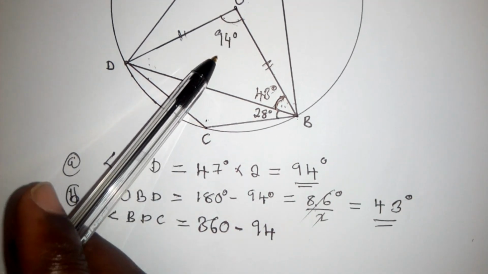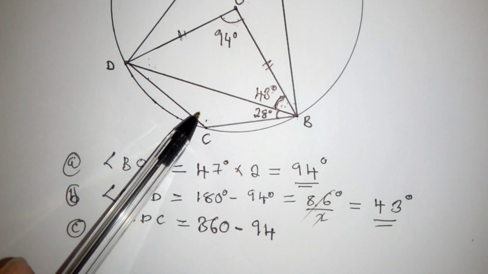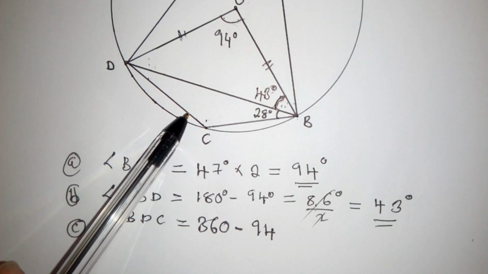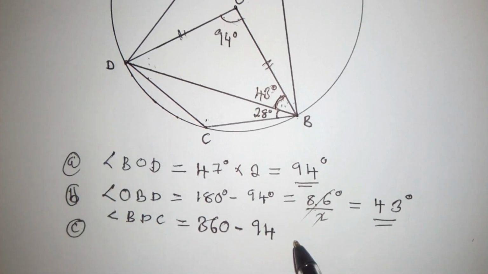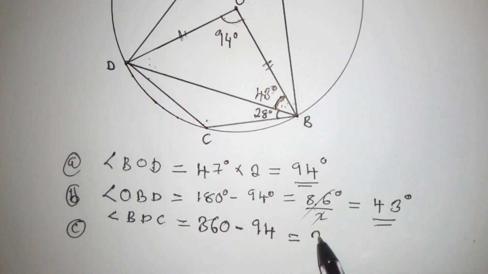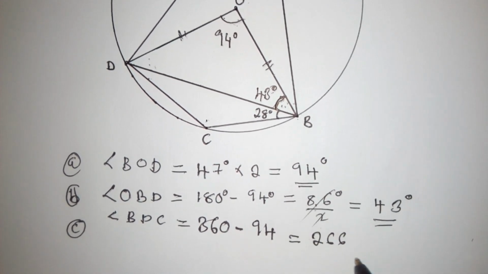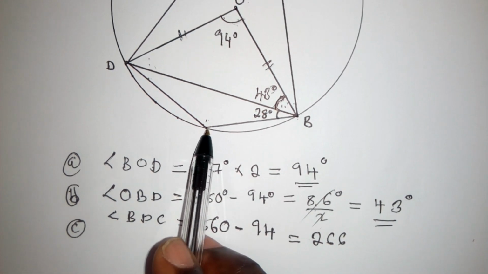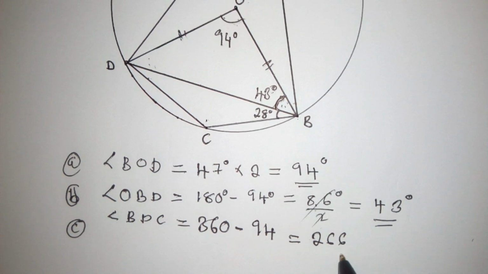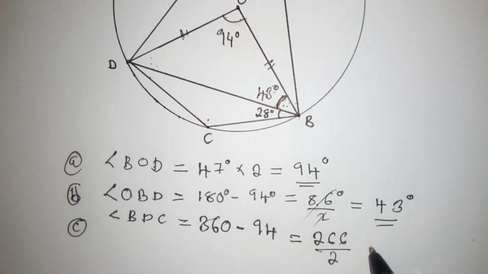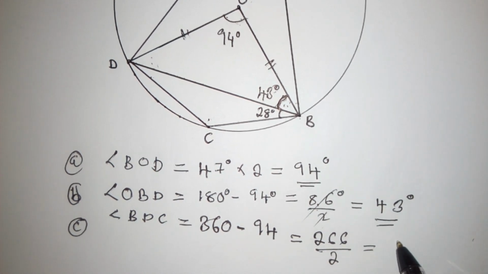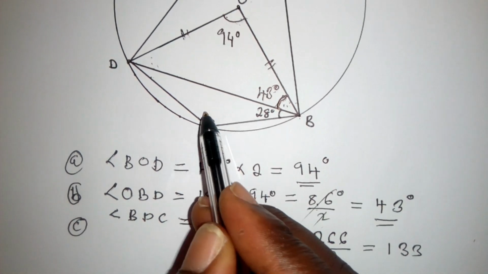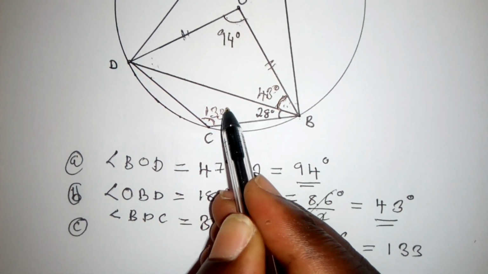We want to find this one, so 360 minus 94. What happens here when you subtract, you find your answer to be 266. So we have found 266. Since we have found this 266, we divide by 2, and we find 133. So this angle here is 133 degrees.